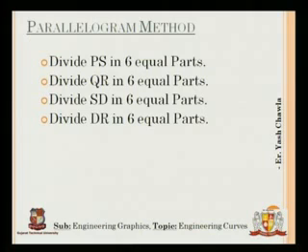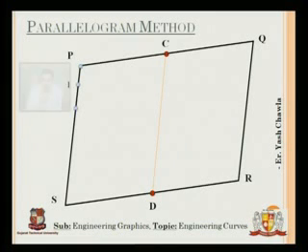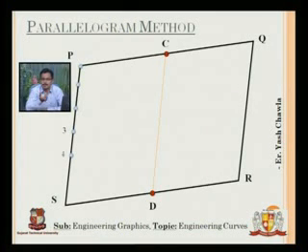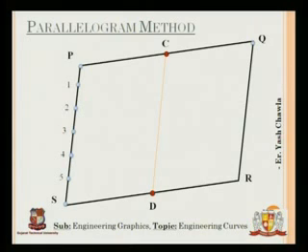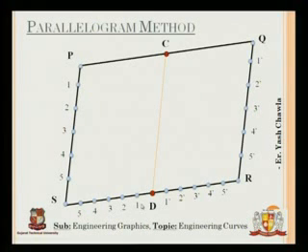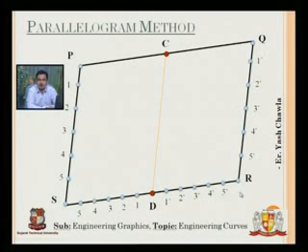Here I am dividing it into 6 equal parts to make this more clear to you, that it can be divided into as many parts as you want, but the more parts you divide it into, the more intersection points you have, the more accurate the parabola will be. So as you can see here, PS has been divided into 6 equal parts, then QR into 6 equal parts, thereafter SD into 6 equal parts, and finally DR into 6 equal parts.